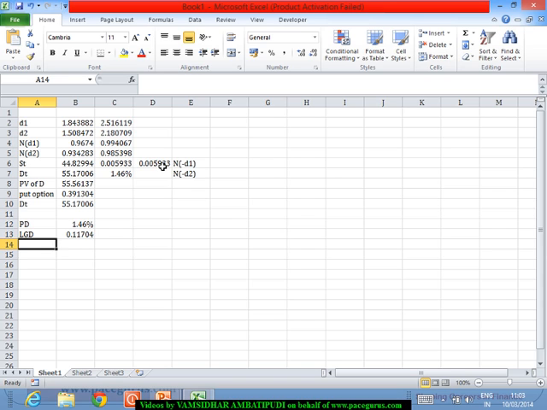So that is what is working out to be the computations for probability of default as well as the loss given default. Now we can easily make out, if the volatility is increasing, the value of the option is going to increase.